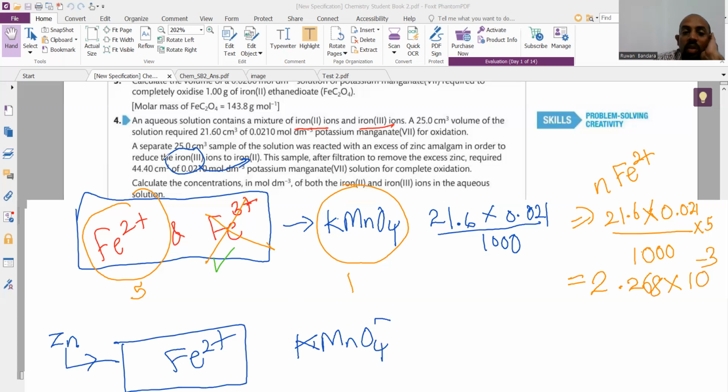Now this time you need 44.4 and the same concentration. Why? Can anyone tell me why the volume of KMnO4 has increased this time? What's the reason for this? 44.4.